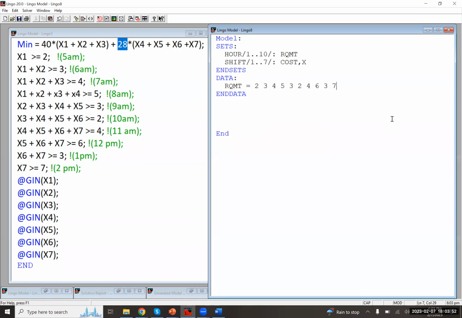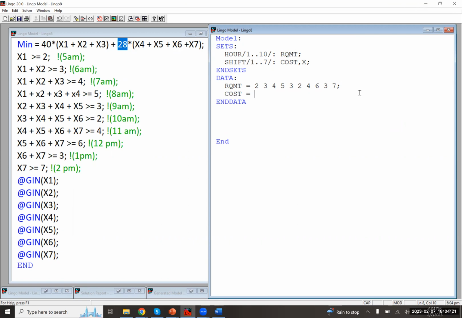Oh, I forgot. I forgot to end each statement with a semicolon up here, right? And here too. And we're going to provide the cost values.